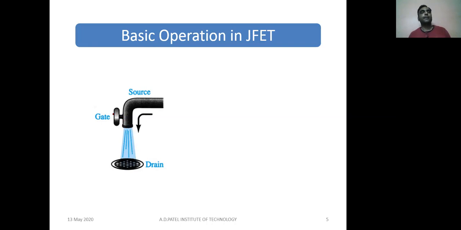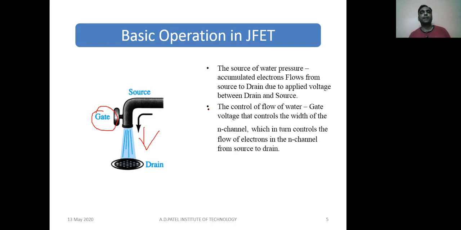ये हमारा टैप है। ओके, तो वैसे ही JFET में सोर्स, ड्रेन और गेट। So gate will be the controlling terminal for the flow of the current from source to drain. Okay, so you can compare this analogy of your tap with your JFET. तो JFET में सोर्स से करंट फ्लो होगा, ड्रेन की ओर जाएगा, कितना जाएगा that will be controlled by your gate.